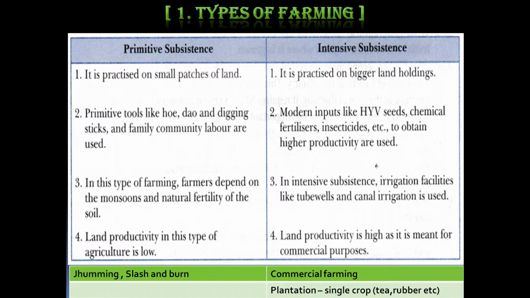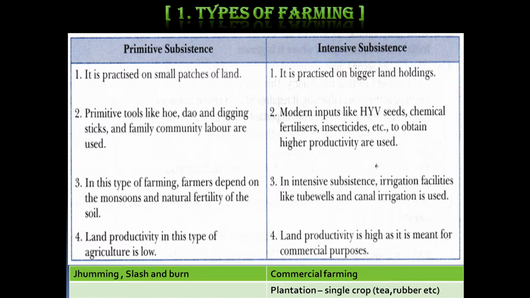If that crop fulfills that standard, then it will be exported to other countries. So from one farm only tea will be taken or rubber will be taken or coffee will be taken, single crop. That is called plantation. And such kind of agriculture, they need vast land.